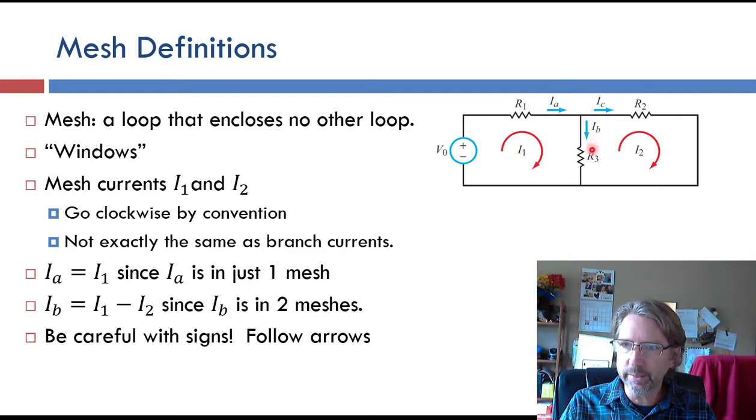So IB going down is going to be I1, because I1 is going down through here when we're going clockwise, minus I2, because I2 is going back the other way. So I1 minus I2 gives us IB. Whenever there's an element between two meshes, you have to sum or subtract the mesh currents with the right sign to give you your arrow direction.